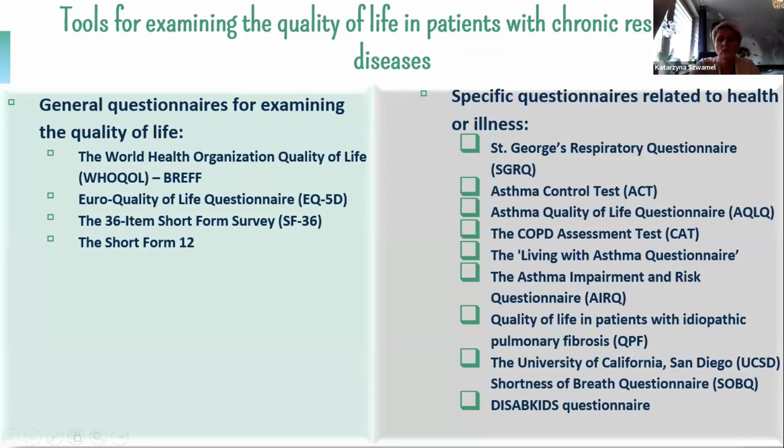The tools by which we can assess the quality of life of patients can be divided into 2 groups: general questionnaires for examining quality of life and specific questionnaires related to the health of illness. In the next slides, I will say a few words about each of them.